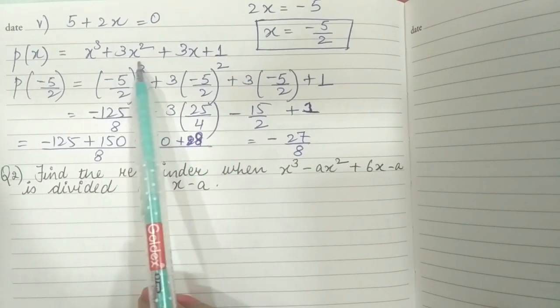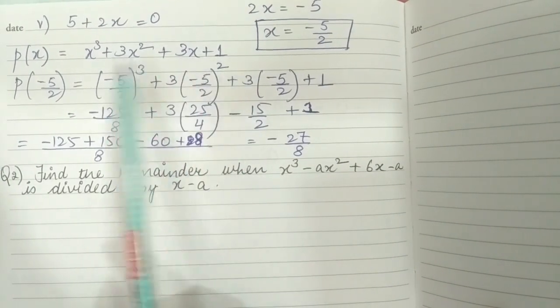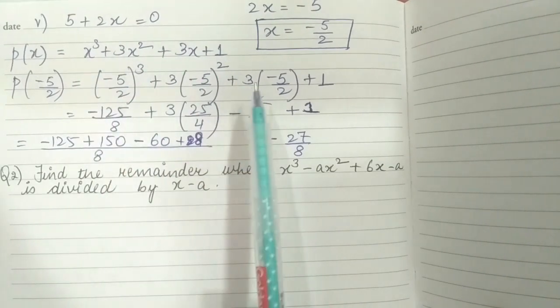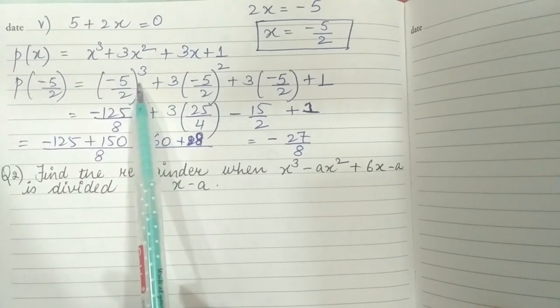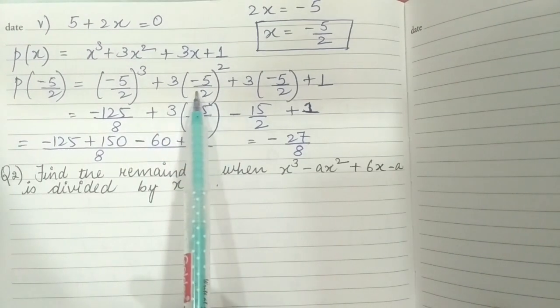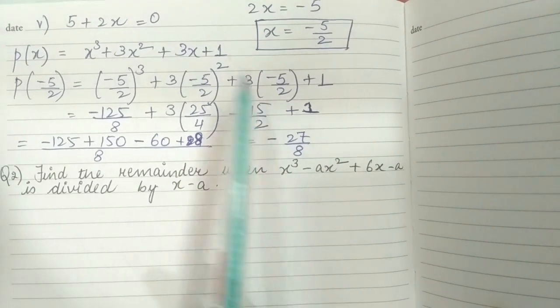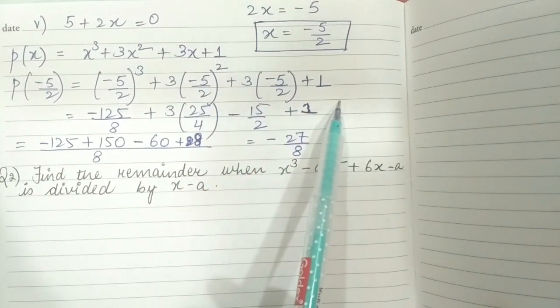The polynomial here is x cube plus 3x square plus 3x plus 1. In the place of x I am going to write minus 5 by 2. So it will become minus 5 upon 2 whole cube plus 3 into minus 5 by 2 whole square, 3 multiplied by minus 5 by 2 plus 1.